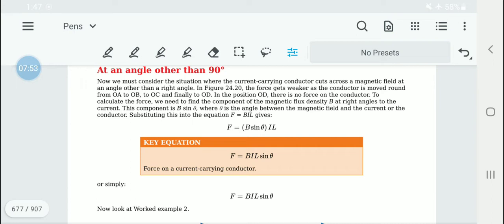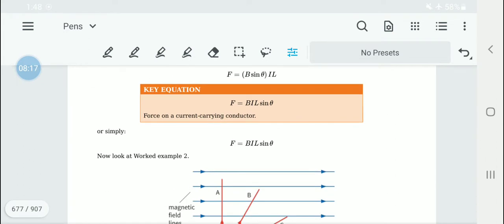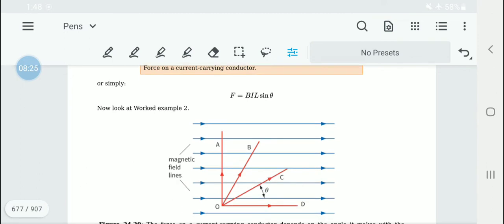This theta is the angle between the magnetic field and the current or the conductor, right? So then FBIL sine theta is what we refer to. The angle separation is 0 to 90.